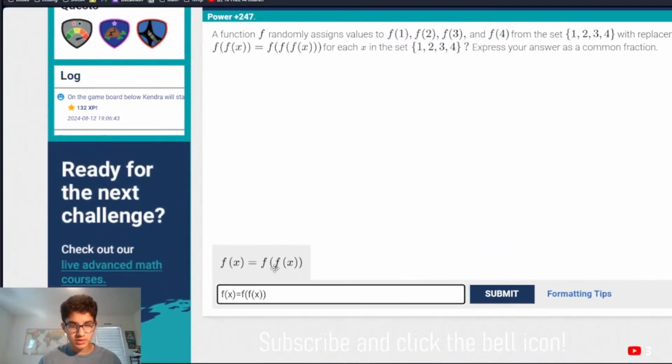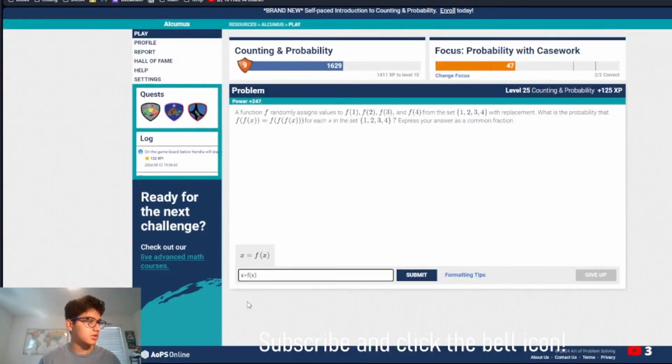And okay, you can take the inverse again. That will give you just x is equal to f of x, and that should just be a 1/4 chance, right? Because let's say you want f of x to equal x, so you can have 2. The probability that f of 2 is equal to 2 is just 1/4 because they choose it randomly, right? So it should just be 1/4.